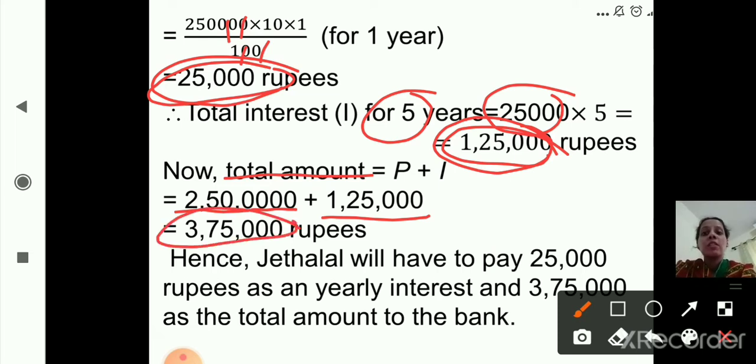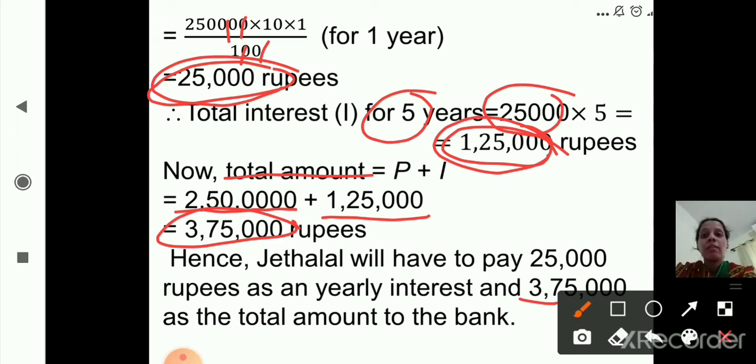Hence Jethalal will have to pay 25,000 rupees as yearly interest. For 1 year the interest is 25,000, for 5 years the interest is 1,25,000, and 3,75,000 is the total amount to the bank.